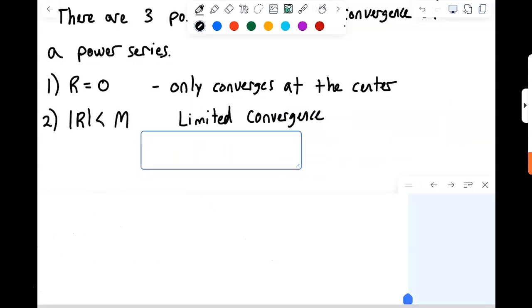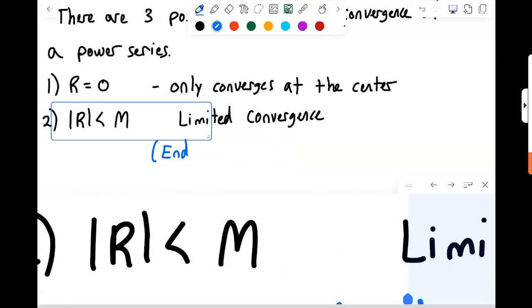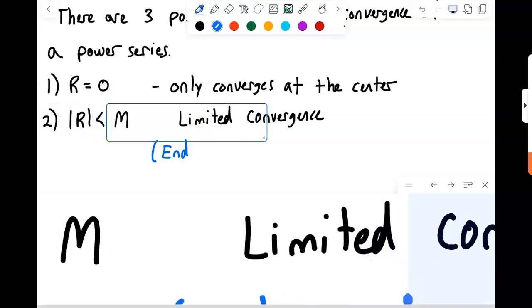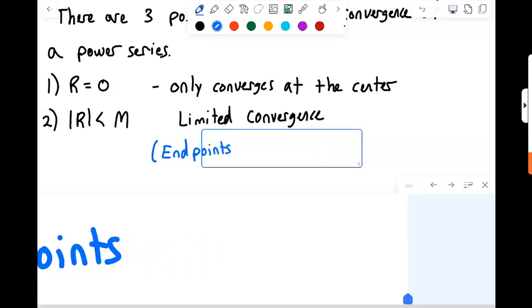When we're dealing with this scenario of limited convergence, we have to check the endpoints separately, because this is only going to tell us everything inside of that. But what if we're exactly a distance r above or below the center? Those have to actually be checked separately. So endpoints are checked separately.